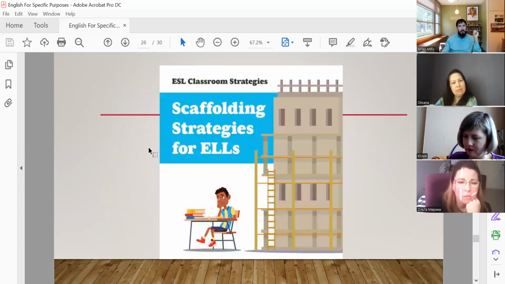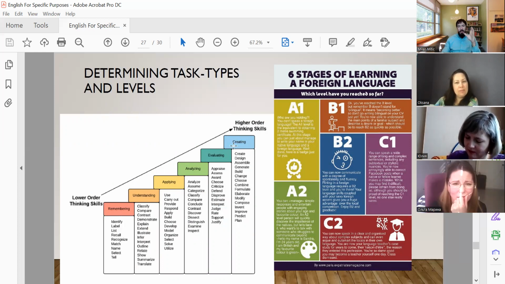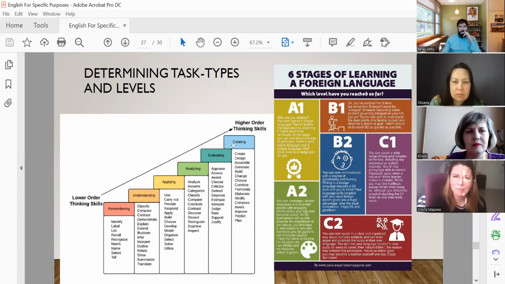Scaffolding. Do we remember what scaffolding is? Yeah. Help. Good. So that's also important. Here is low order thinking skills to higher order thinking skills. So scaffolding, based on that, you will be able to read it after the session.